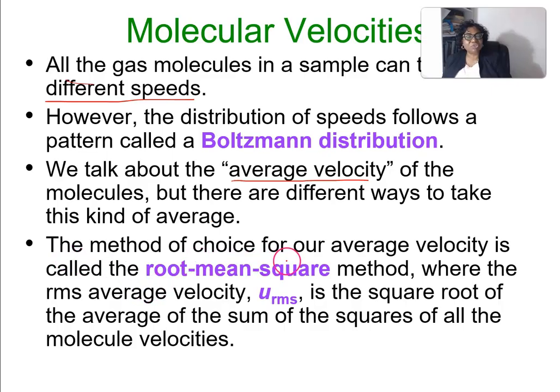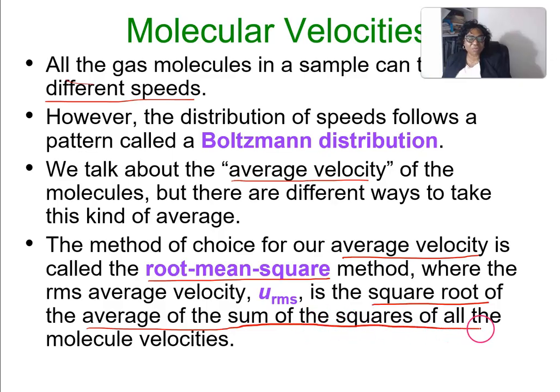The method of choice for our average velocity in this class is called the root mean square method, where the root mean square average velocity, URMS, is the square root of the average of the sum of the squares of all the molecules' velocity.